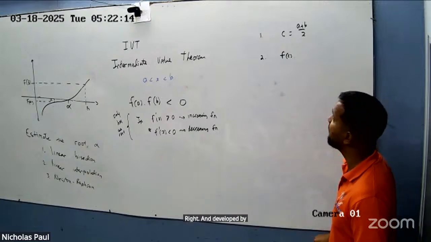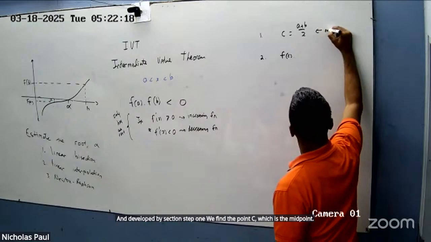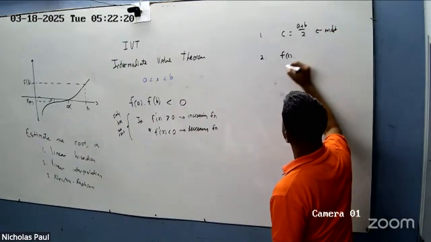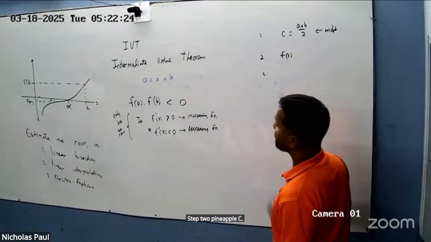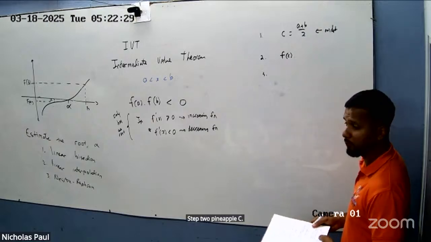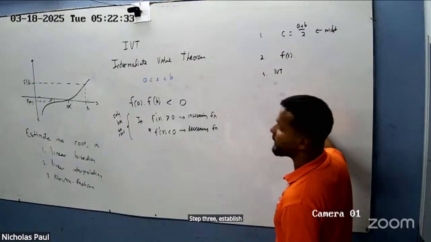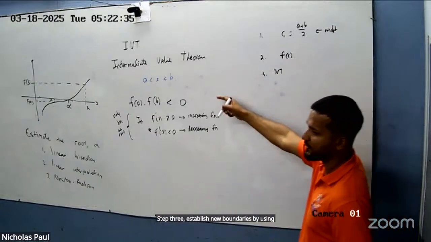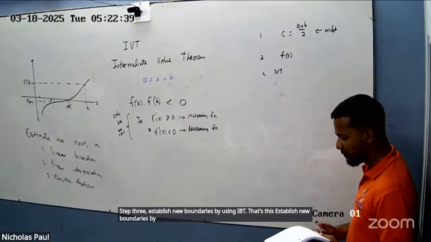Step 1, we find the point C, which is the midpoint. Step 2, find f of C. Step 3, establish new boundaries by using IVT.